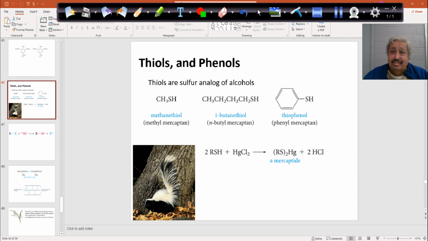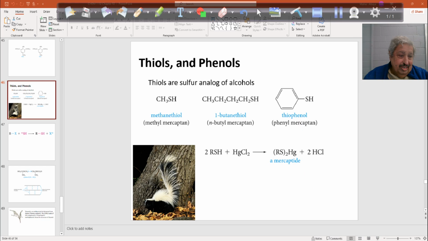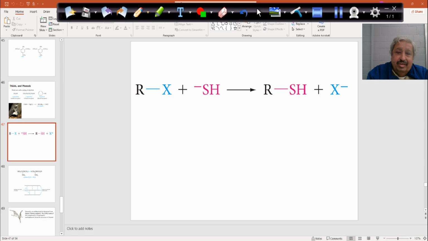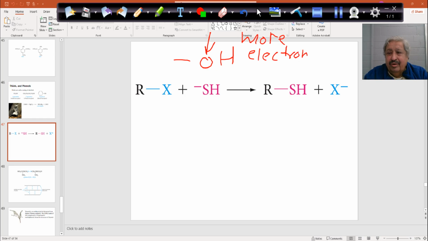So here it is. Those thiols have reactions similar to alcohols. The S replaces oxygen. However, we know there's oxygen here, and it shows the same behavior, but the oxygen is more electronegative and more reactive.